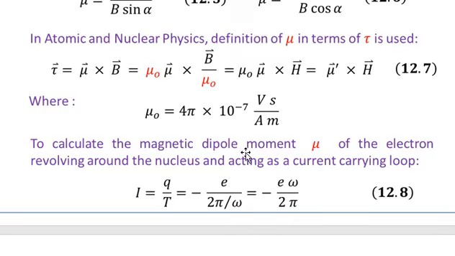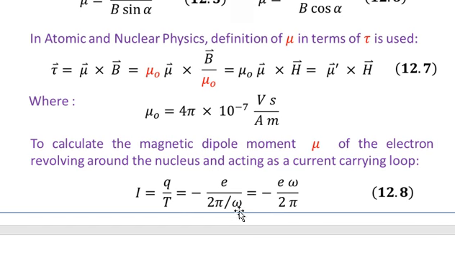To calculate the magnetic dipole moment mu of the electron revolving around the nucleus and acting as a current carrying loop, we use this form: the current I flowing in the loop is equal to Q over T, where Q represents the charge of the electron. So Q can be replaced by minus e, and T is the time taken by the electron to complete one revolution, the time period.